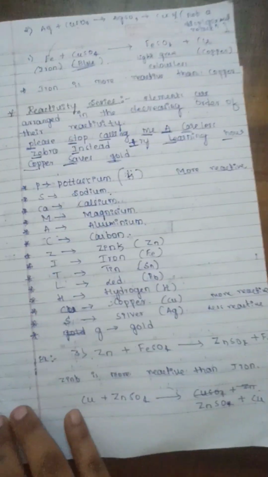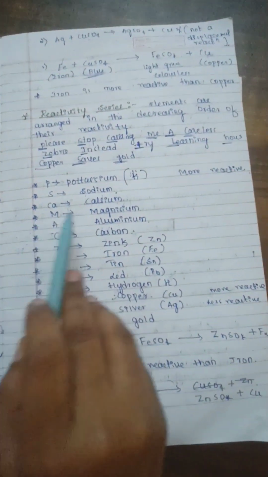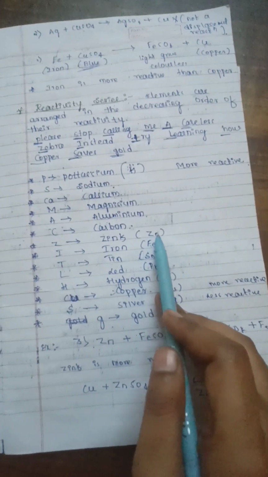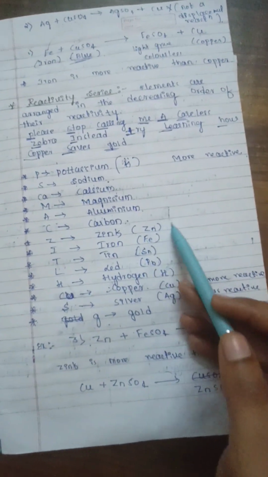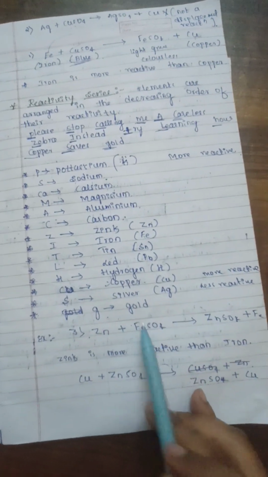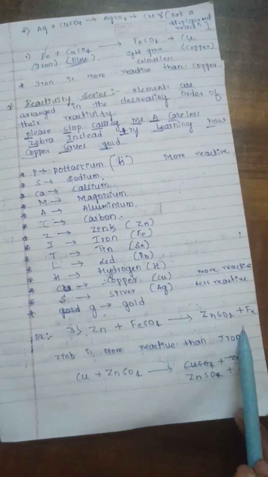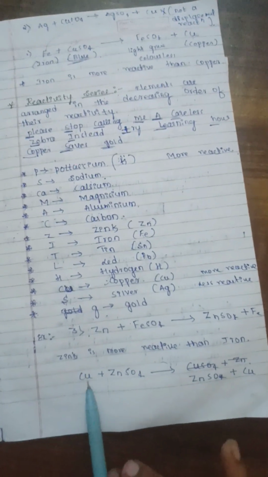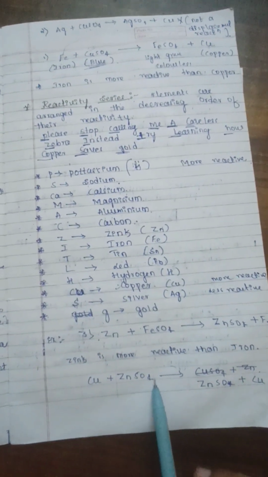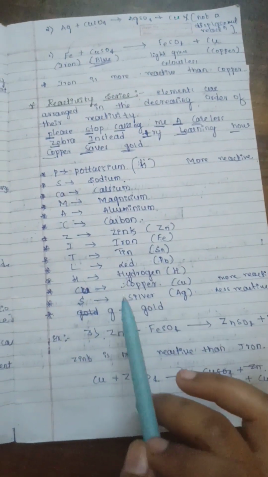See here another example, zinc plus FeSO4. Where is the zinc? Here. Where is the Fe? Here. So zinc can displace Fe. Zinc can occupy the place of Fe and it will become ZnSO4 plus Fe. So zinc is more reactive than iron. Now see Cu plus ZnSO4. Can Cu displace Zn?